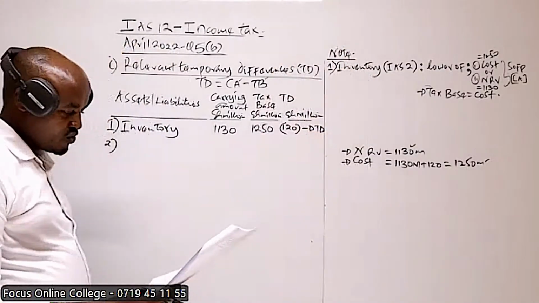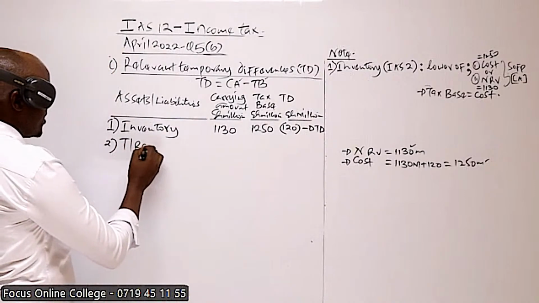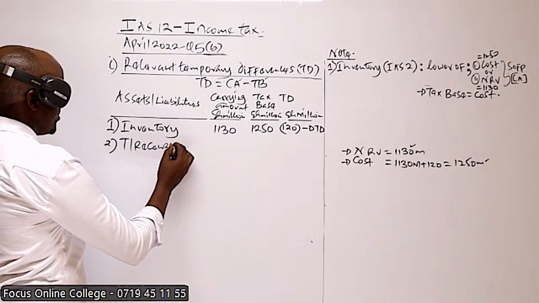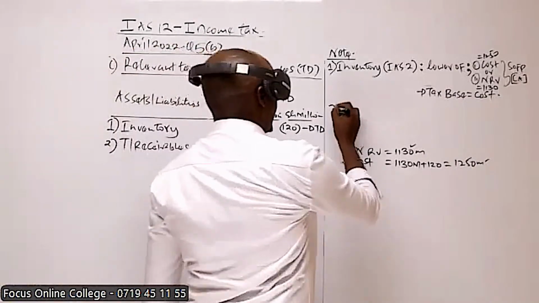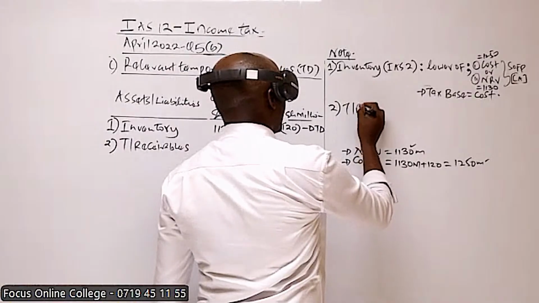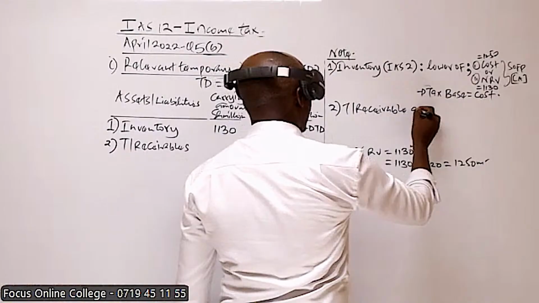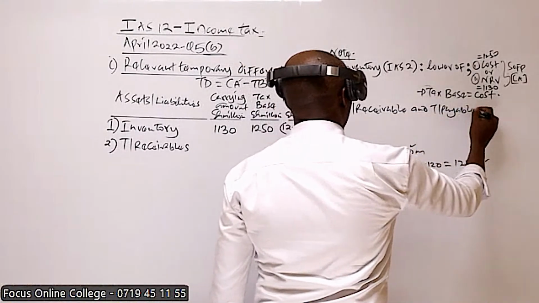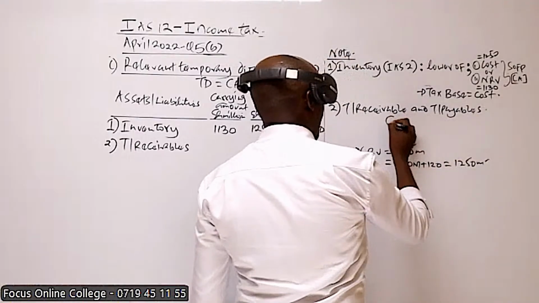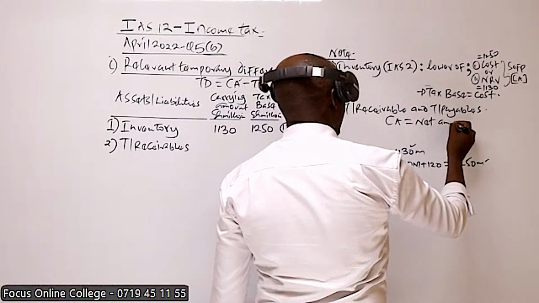So let's move to note 2. In note 2, we are given the trade receivables. Even before we go through that information, there is a note I will give here that for trade receivables, and this also applies to trade payables, the carrying amount is equal to the net amount.